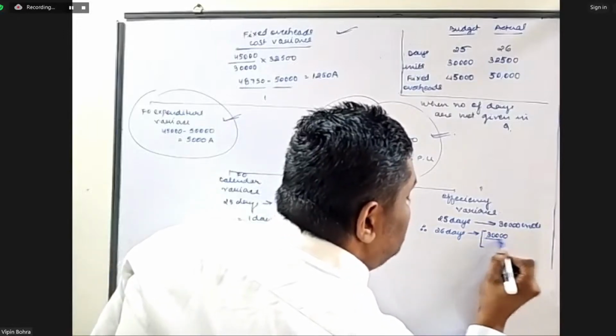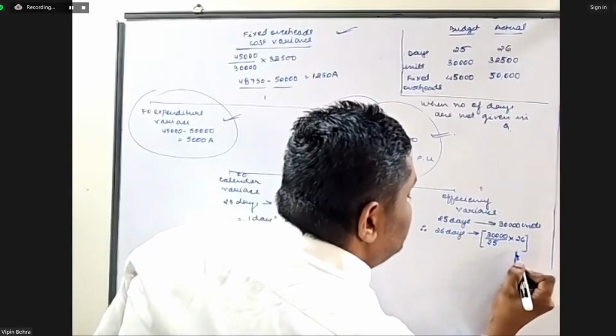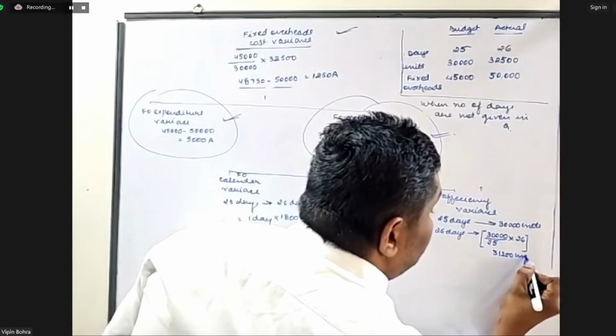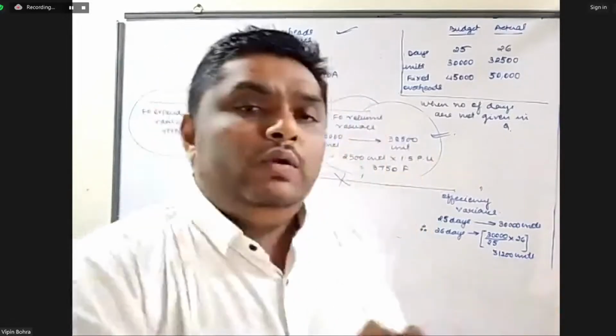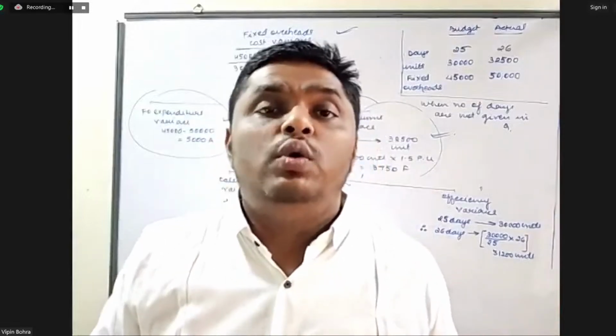30,000 units in 25 days. So in 26 days, how many units? 31,200 units. So in 26 days, we should have manufactured 31,200 units.